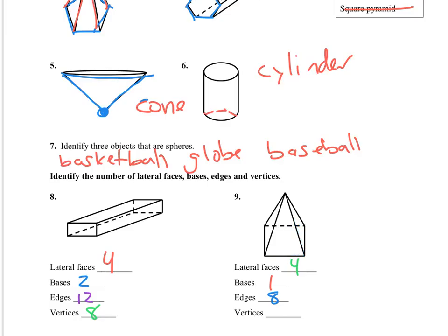So let's count up how many vertices there are, and I'm going to use purple for that one. So I've got 1, 2, 3, 4 vertices, and I've got a special vertex at the top called an apex. Pyramids and cones have apexes, but it's a special type of vertex, so it does count as a vertex. So there are a grand total of 5 vertices on this pyramid.